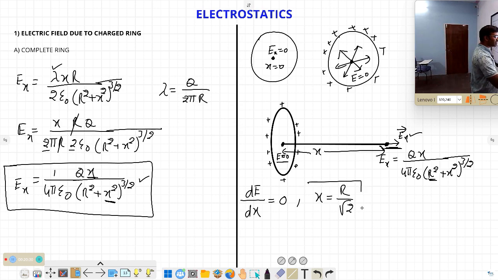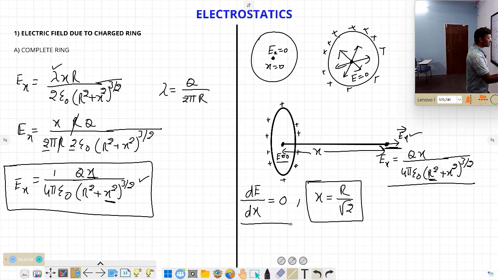If you differentiate the above equation using the u by v form, taking the condition dE by dx equal to 0, because that is the maximum change of electric field with respect to distance, applying that condition 0, you will get x equal to r by root 2. That means at a position of x value r by root 2, the electric field E becomes maximum compared to any other position.